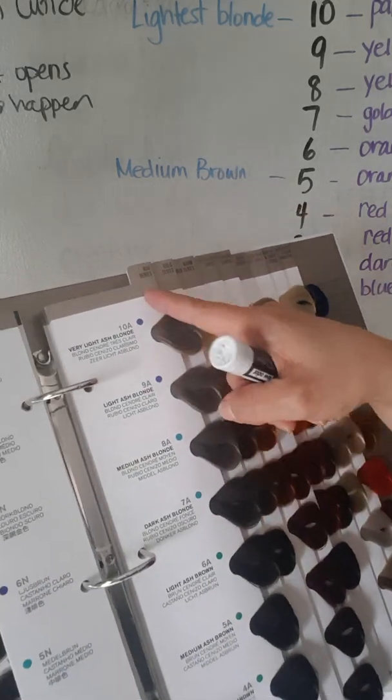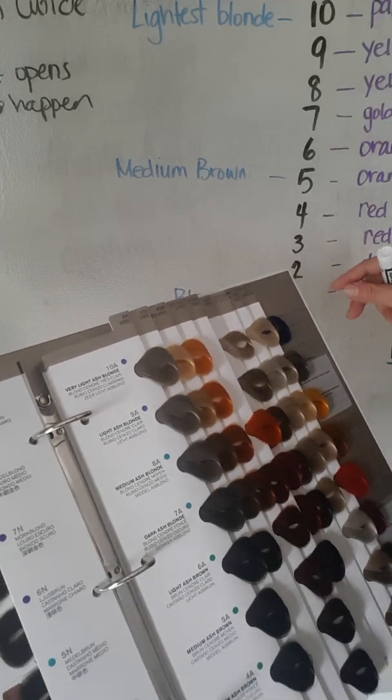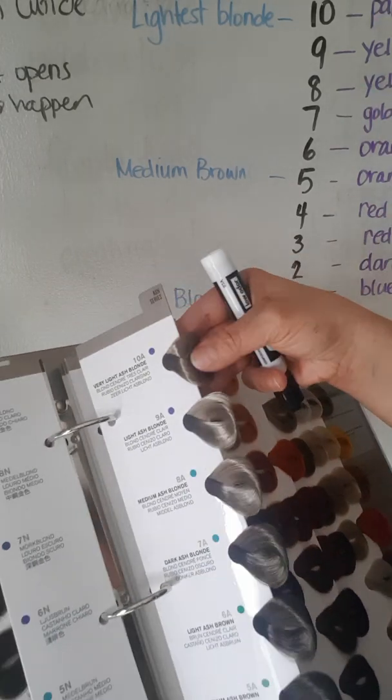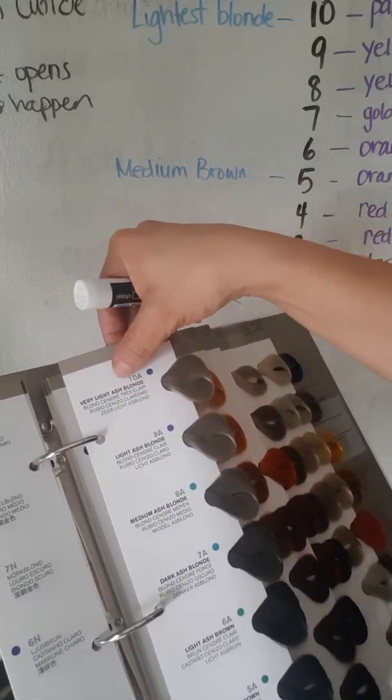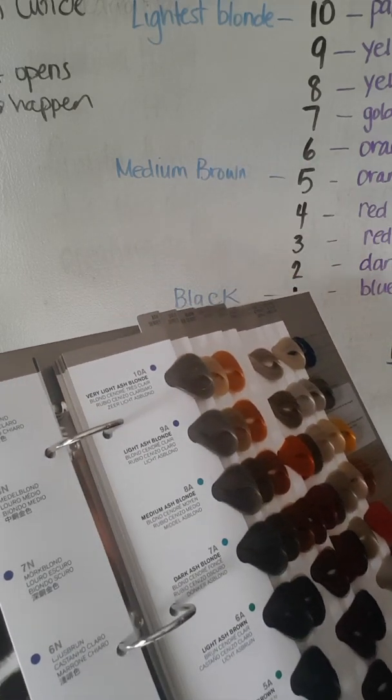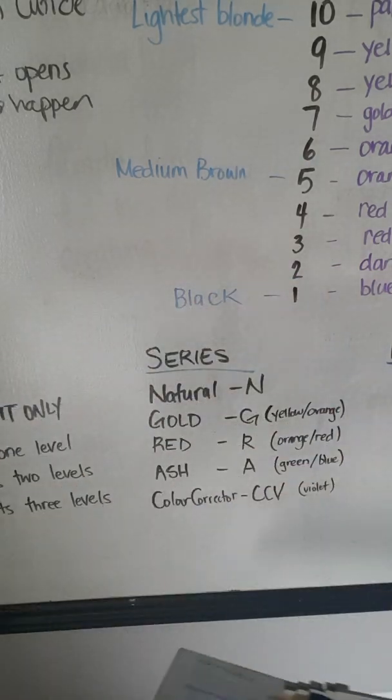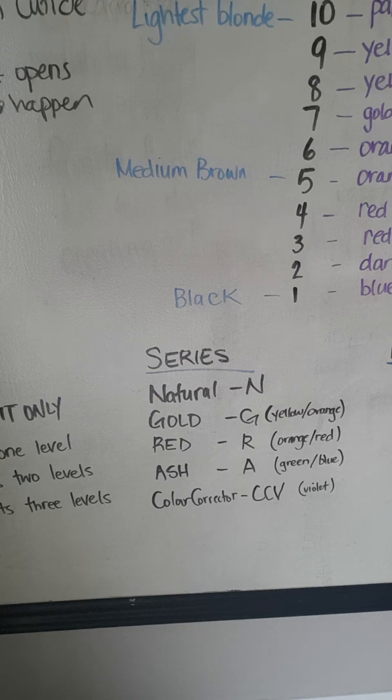You'll notice there are numbers, so 10, 9, 8, just like our level system. So each swatch of hair has a level and a series attached to it. The nice thing about Joico is that they make it obvious what series you're using.